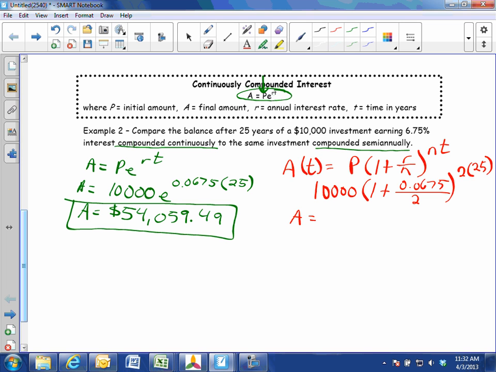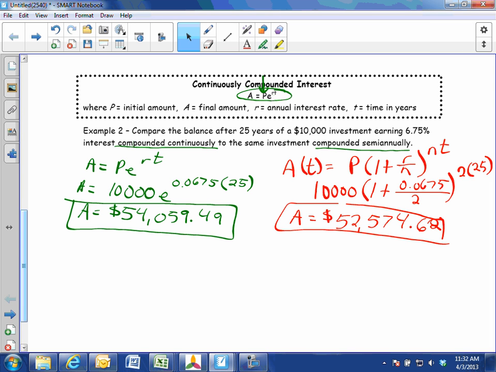The answer is 52,574 and 62 cents. So, you're right, it's not that huge of a difference. I mean, about $2,000, so it's a pretty significant amount of money. But it makes sense that the continuous one is more, because we're compounding continuously, so we get more interest, and this one you only get interest twice a year.